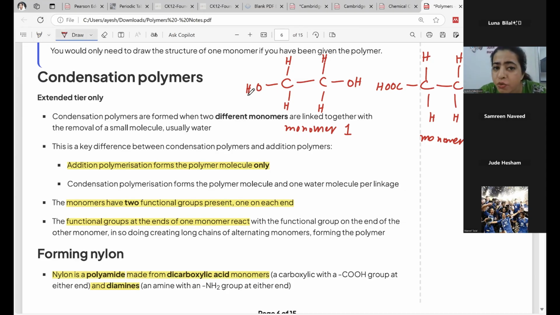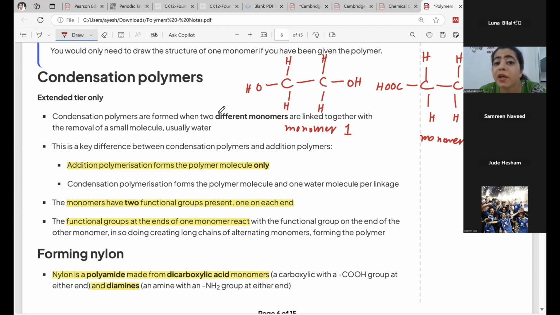It has two OH groups, alcohol groups. Then I have the second monomer, monomer number 2. It also has functional groups, COOH and COOH on both sides. So yes, it is also a good monomer. Now these two monomers can combine together and make a condensation polymer.